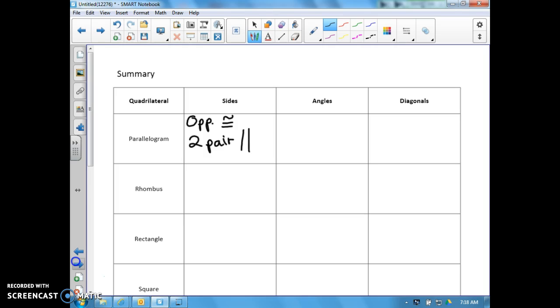When it comes to their angles, I know that the opposite angles are congruent, and that consecutive angles are supplementary. And I know that the diagonals bisect each other. That's all I got for parallelograms.